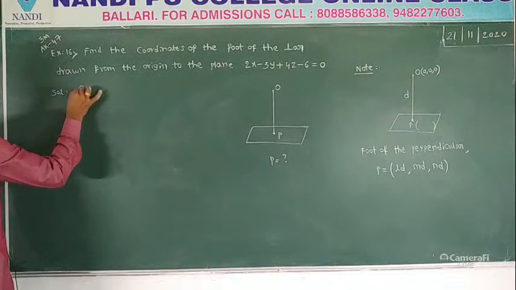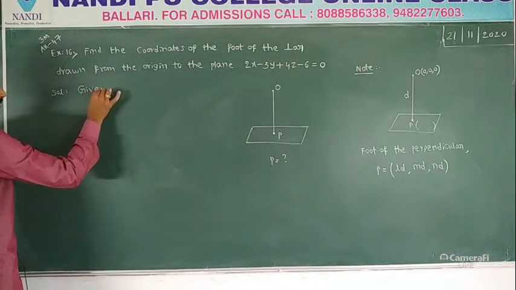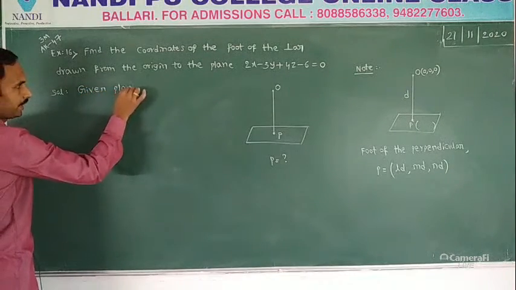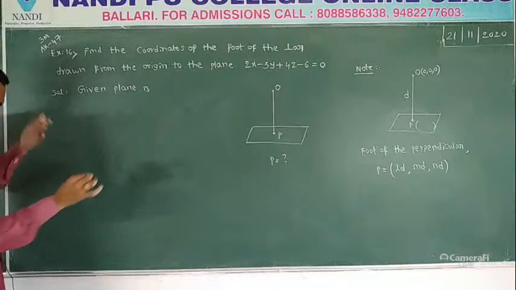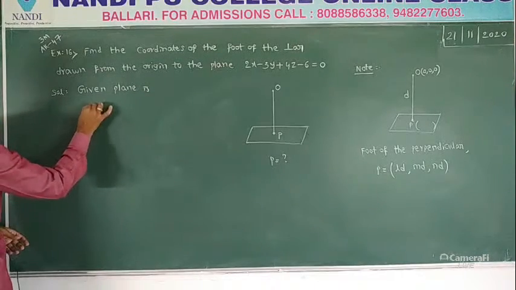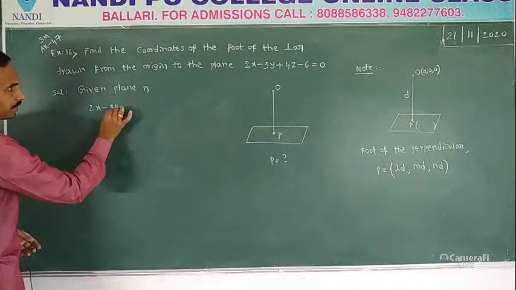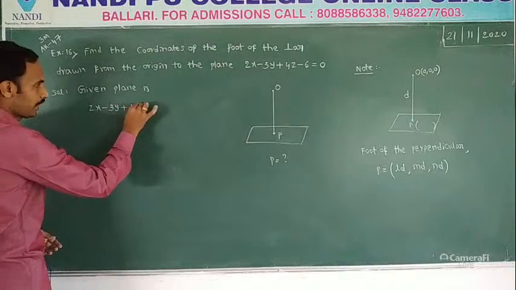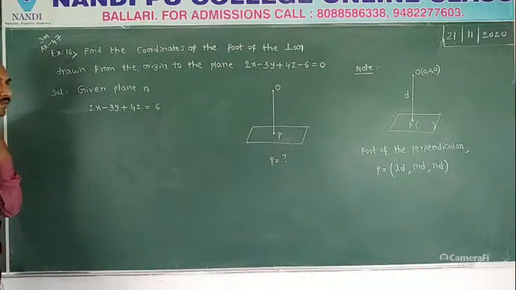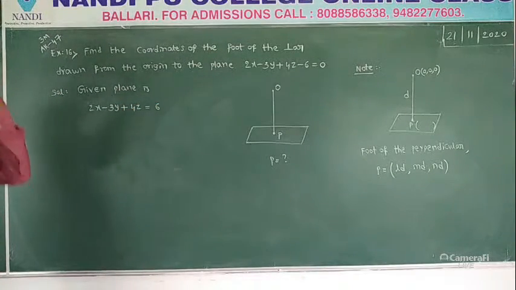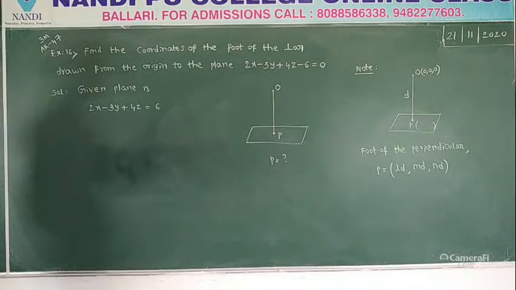Right, the given plane is 2x minus 3y plus 4z equal to 6. I am going to change this plane into normal form.